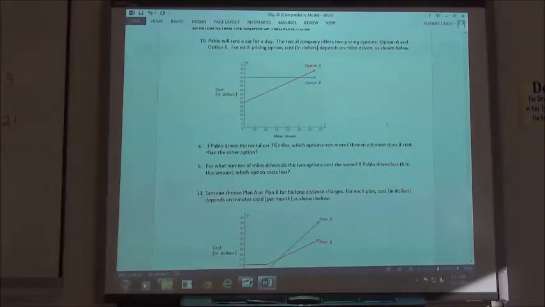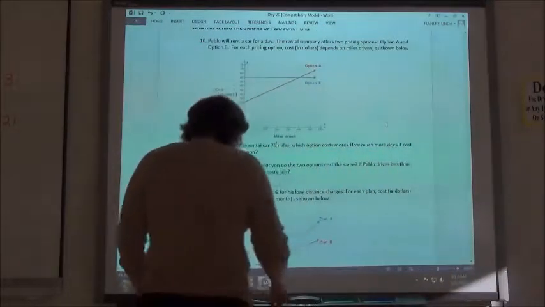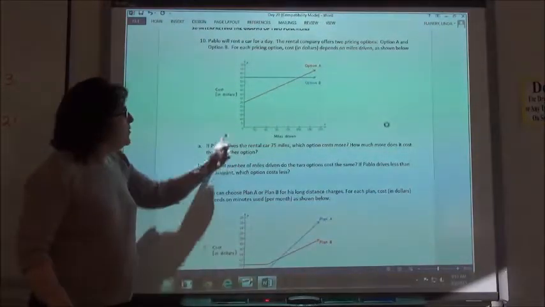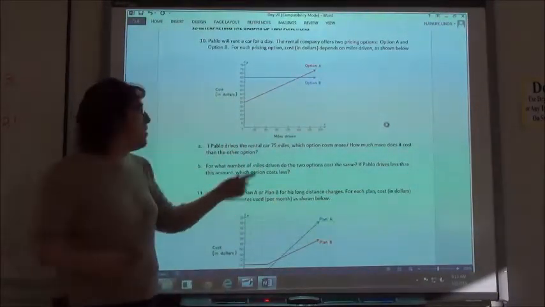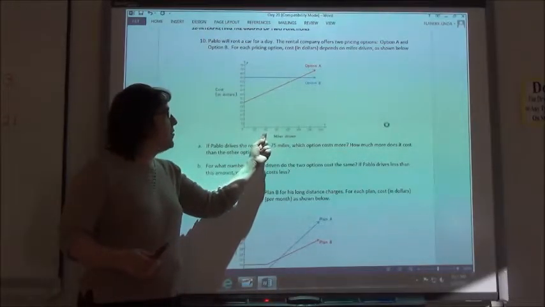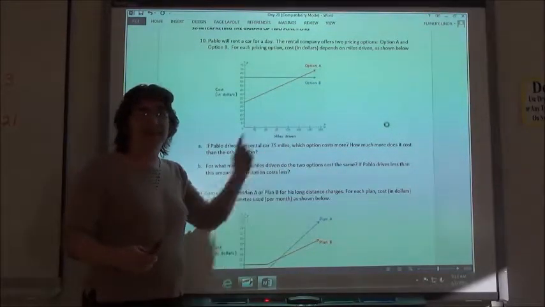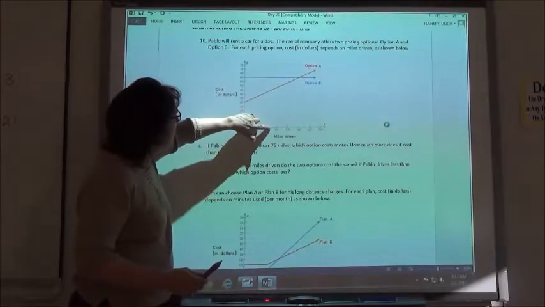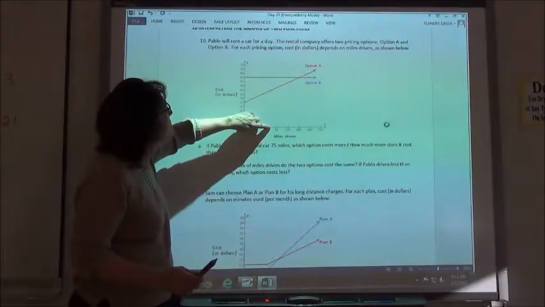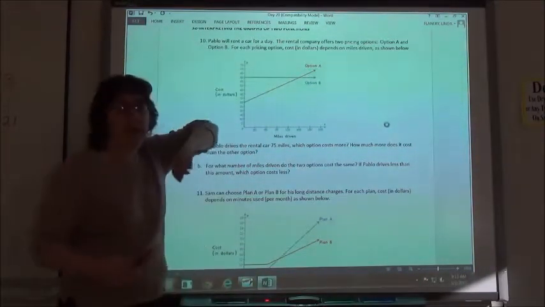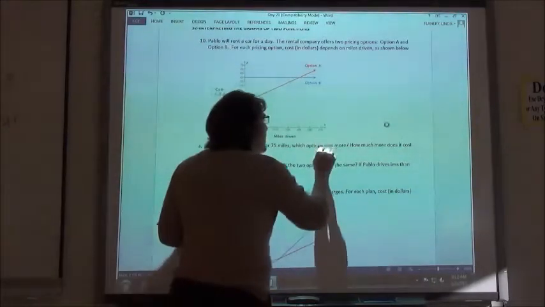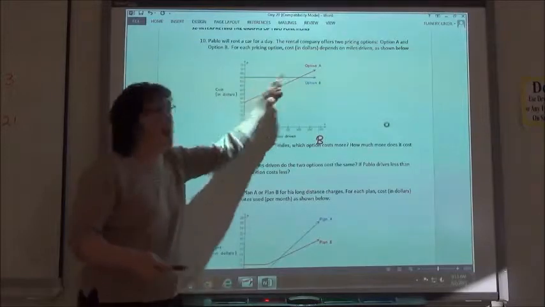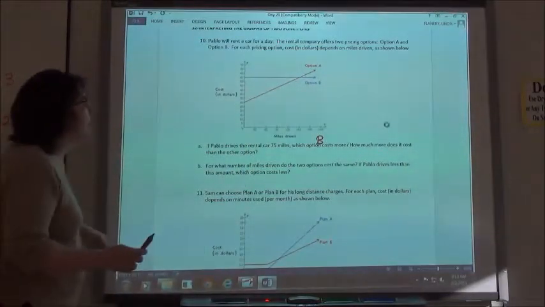So, if Pablo drives a rental car 75 miles, which option costs me more? So I have to first of all figure out where 75 miles is. It's not specifically marked, but hopefully I can figure out that 75 is halfway between 60 and 90. So if I look at that one, which one is going to cost me more? Option A or option B? Option B. Option B is going to cost me more because the option B line is above the option A line.